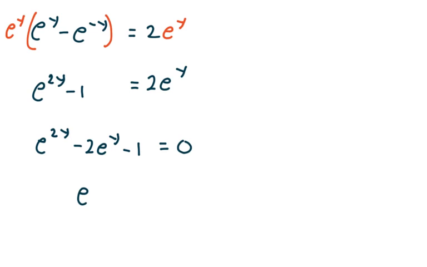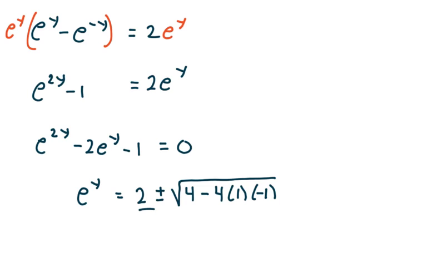So if I apply the quadratic formula, I get e to the y is 2 plus or minus the square root of b squared, which is 4, minus 4 times 1 times negative 1 divided by 2.